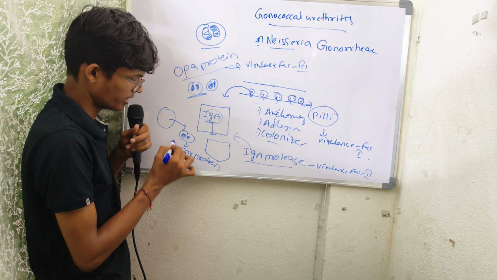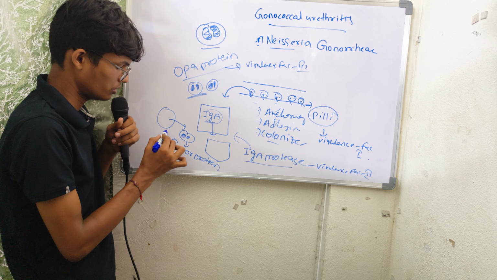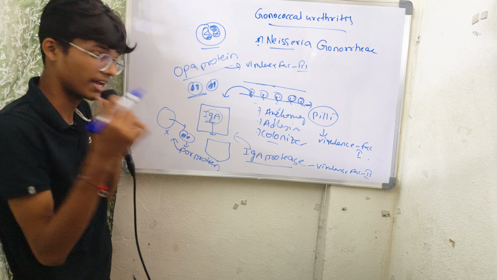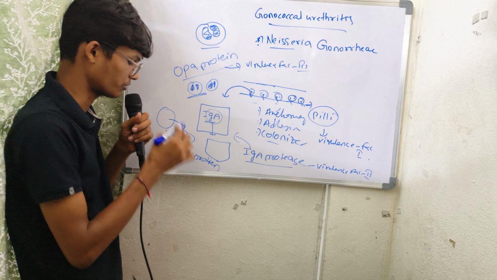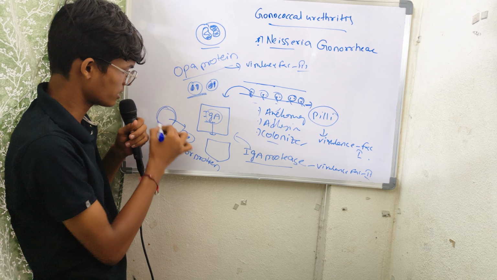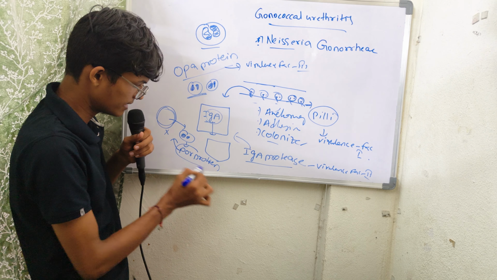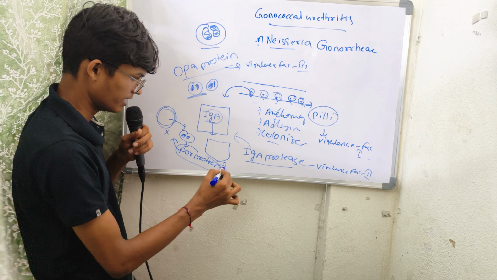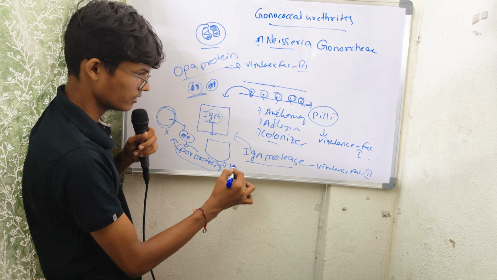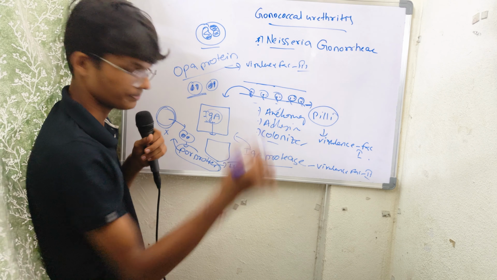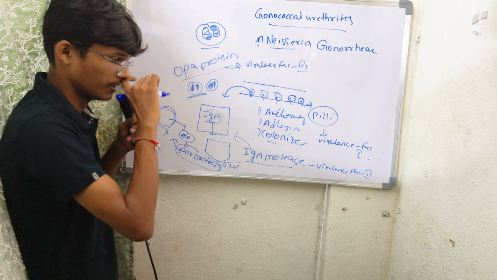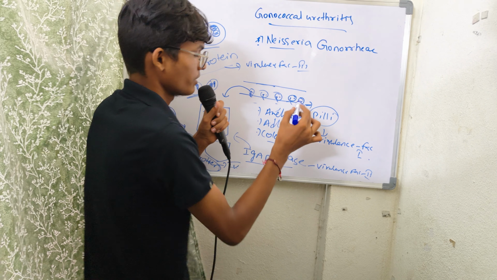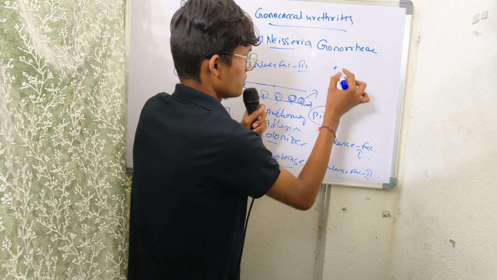This porin protein opposes phagocytosis by the neutrophil. We can take this as virulence factor 4.